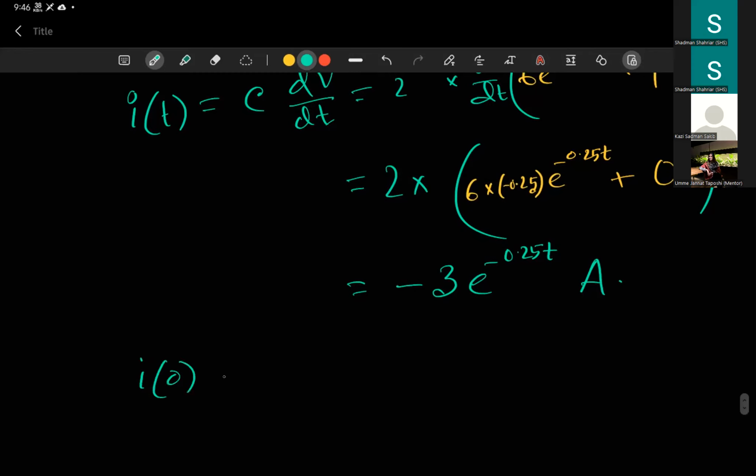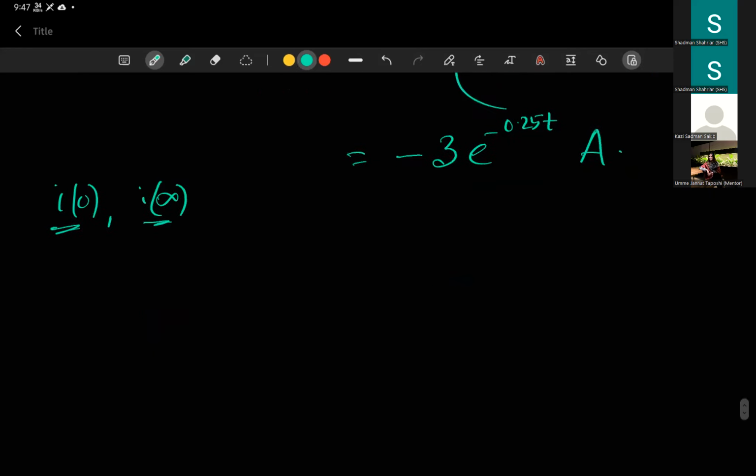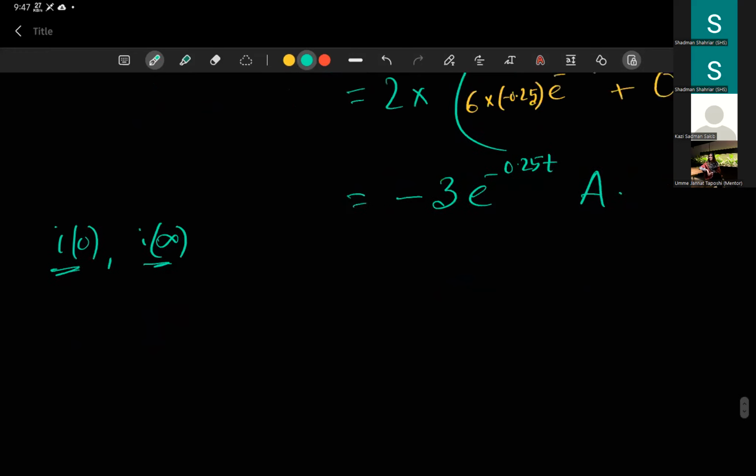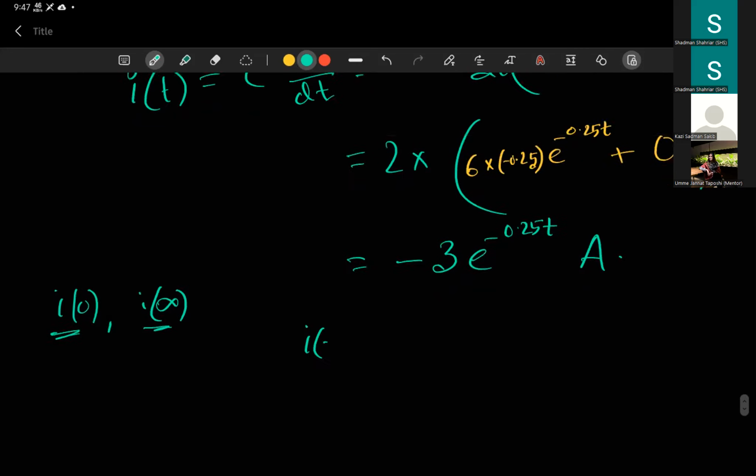So if you're trying to draw this again, what we should try to do is find out the initial current and the final current. Okay, the initial current and the final current, and you draw that. For example, the value of I0. Do you know what the value of I is here?